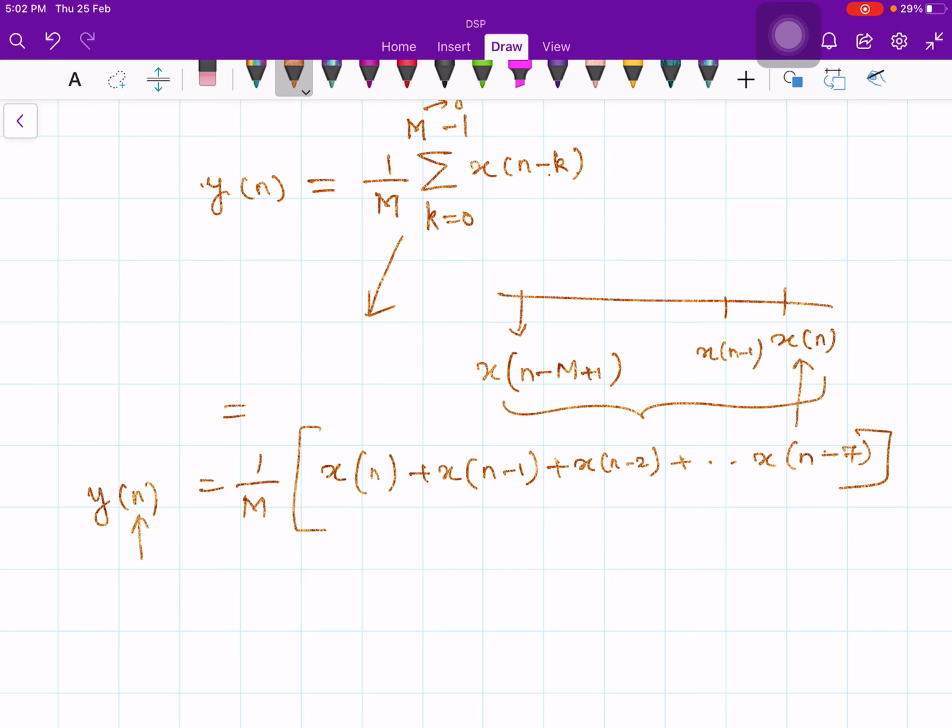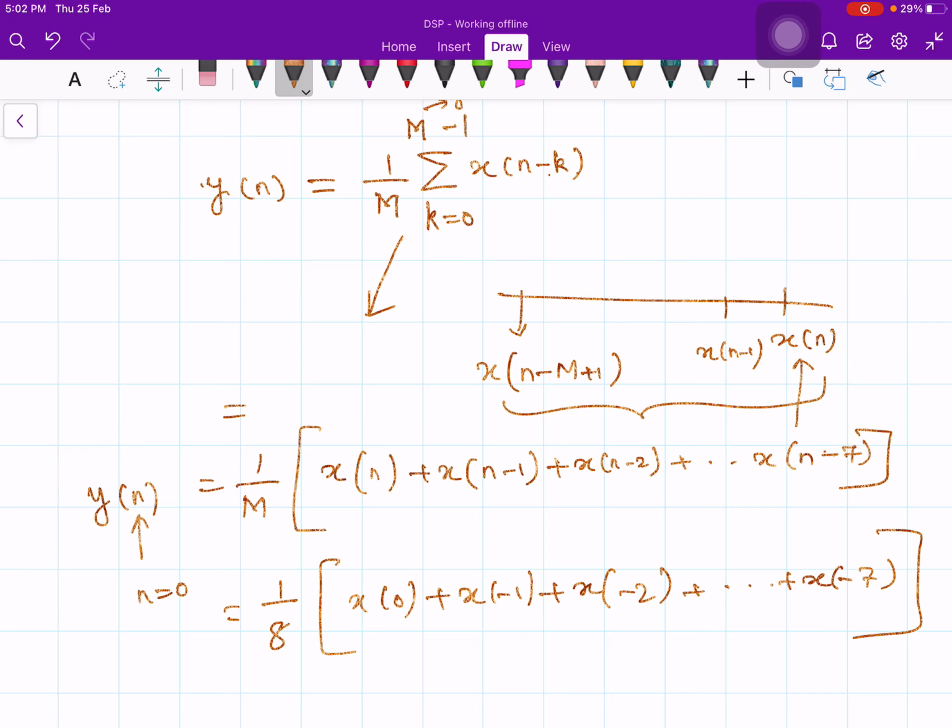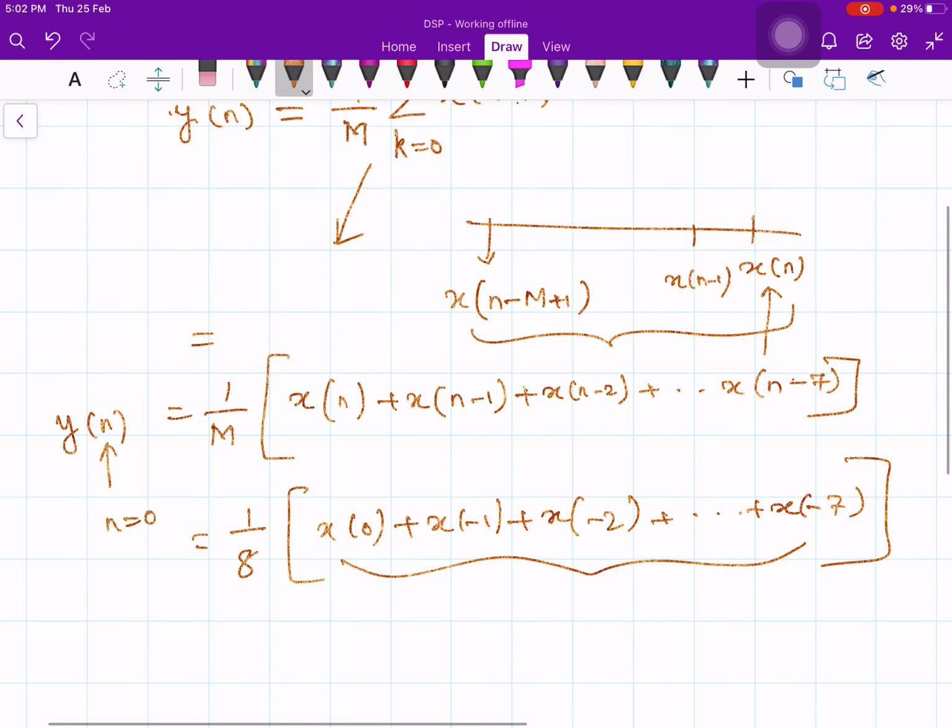Now if you substitute n is equal to 0, then you will have 1 over 8, x of 0, the present value, and x of minus 1 plus x of minus 2 plus dot dot dot up to x of minus 7. So you are considering 8 sample values, 1 present sample value and 7 past sample values.